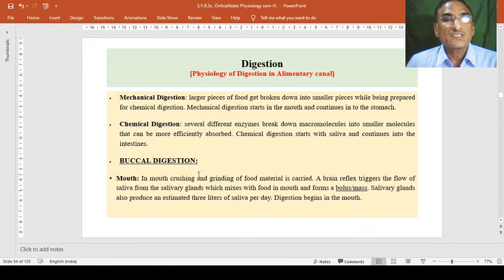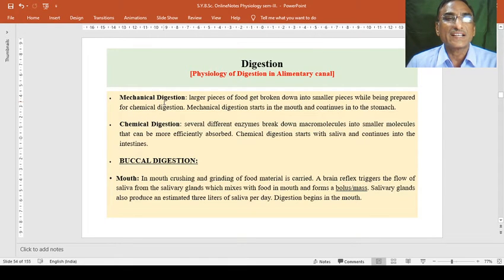Now, how does digestion take place in the body? Digestion is of different types. Of them, two main types are mechanical and chemical digestion. Mechanical digestion means large pieces of food material are broken down into smaller pieces.